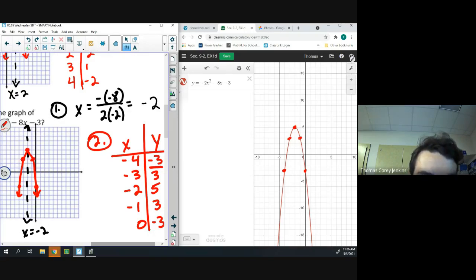So remember, we talked about that pattern of from the vertex, you could go up or down 1 and over 1, up or down 2 and over 2, or sorry, up or down 4 and over 2. Notice that on this one, it's kind of stretched out. Remember, we talked about those stretches a little bit? So if we have a lead coefficient that's not 1 or -1, notice it's stretched out.